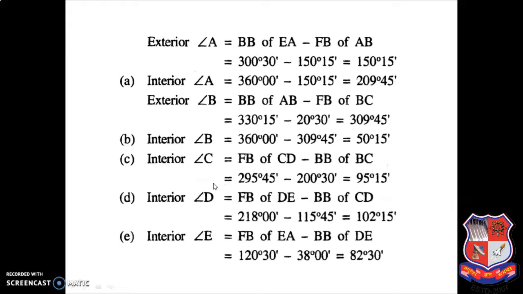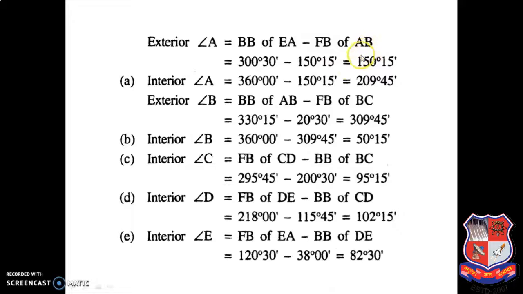So you have to calculate the angles. Okay, so don't remember right now exterior and interior. You just focus. So angle A is equal to back bearing of EA minus fore bearing of AB.